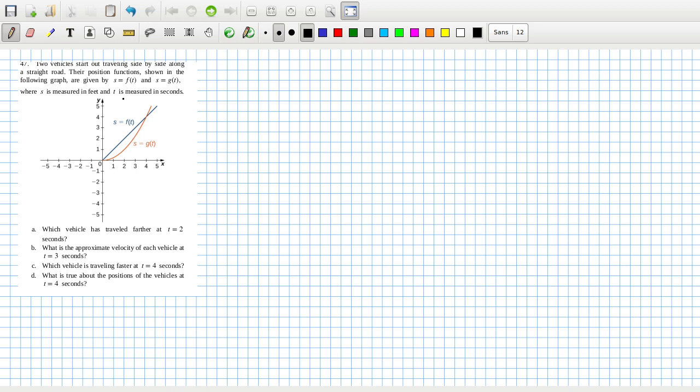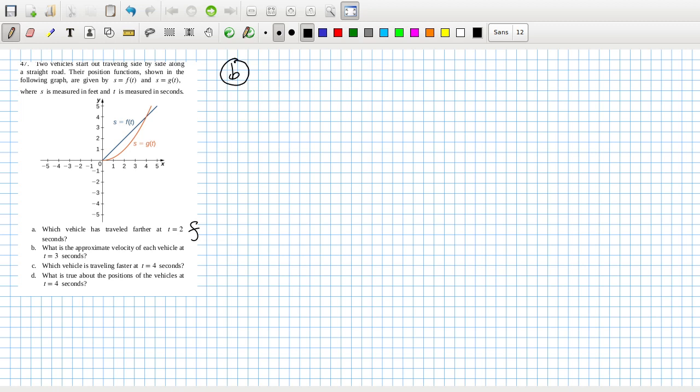So at 2 seconds, the blue one, the f one, because at 2 seconds, the f is 2, or the units here, feet away, whereas the g one is 1 foot away. What is the approximate velocity of each vehicle at t equals 3 seconds?